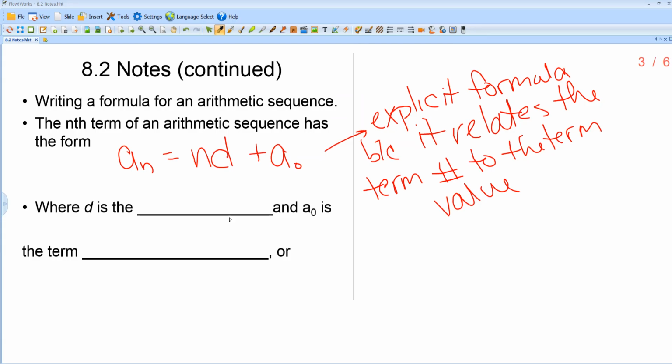But just know, this is an explicit formula, where d represents the common difference. Again, that's the thing that's being added or subtracted. And a sub 0 is the term previous to the first.